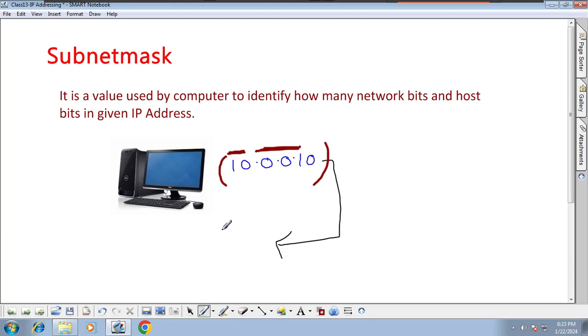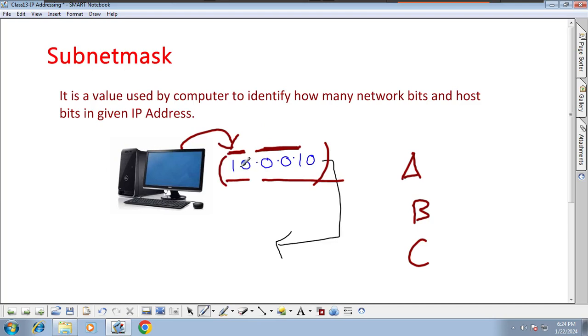So how will the computer understand? The computer doesn't know about classes. Class A, class B, class C, class D, all this belongs to us, to humans, but not to the computer. The computer only understands numbers, binaries. Whenever you type an IP address, it converts it into binary and understands it, that's all. But how will the computer understand the number of network bits and host bits, the network ID, and the host IP?